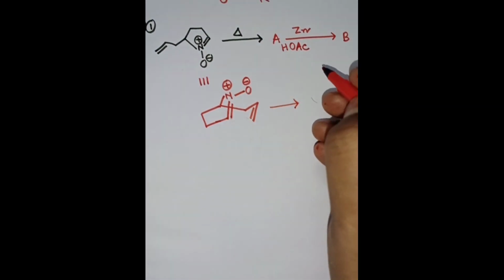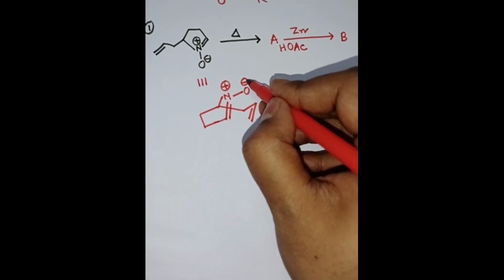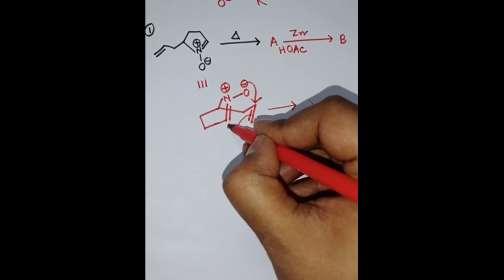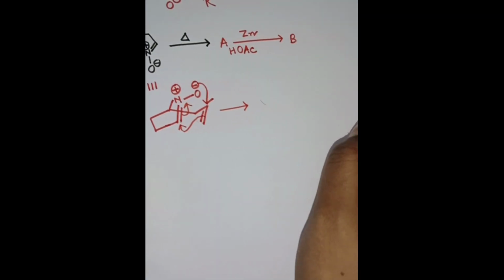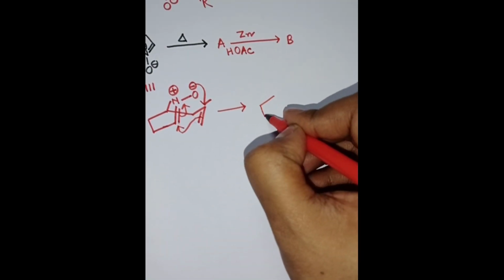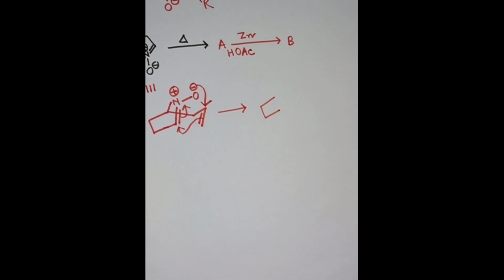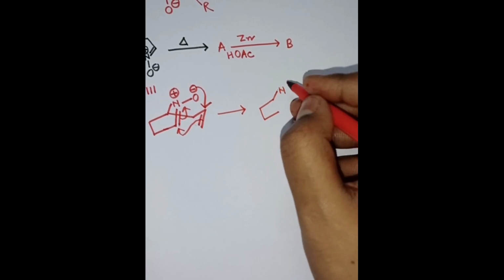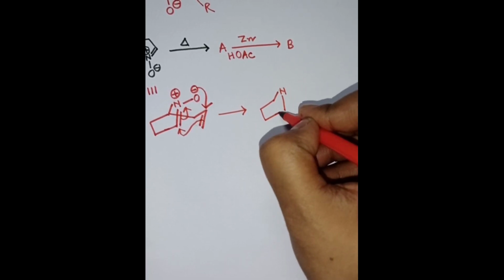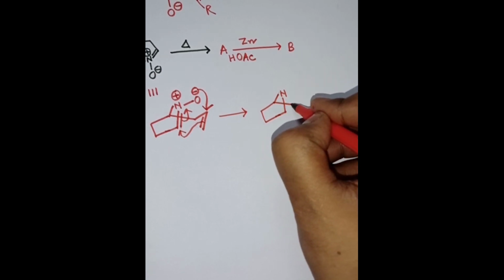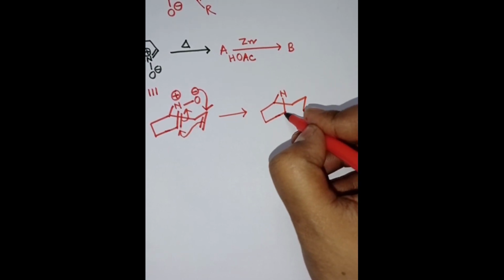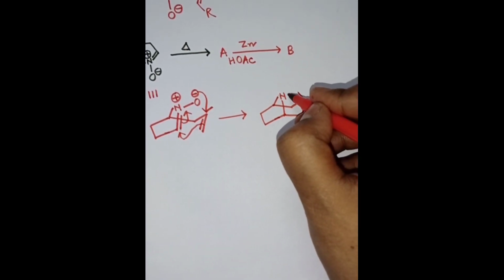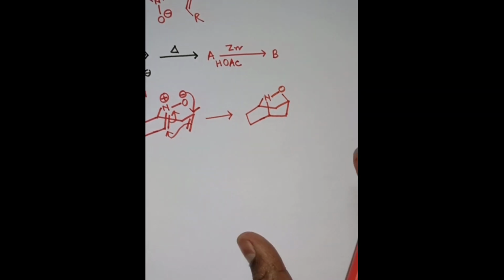Then 1,3 dipolar cycloaddition will take place. This negative charge will attack this carbon center, this double bond will attack here, and this nitrogen will be neutralized. So what will be our product? So this will be our product.